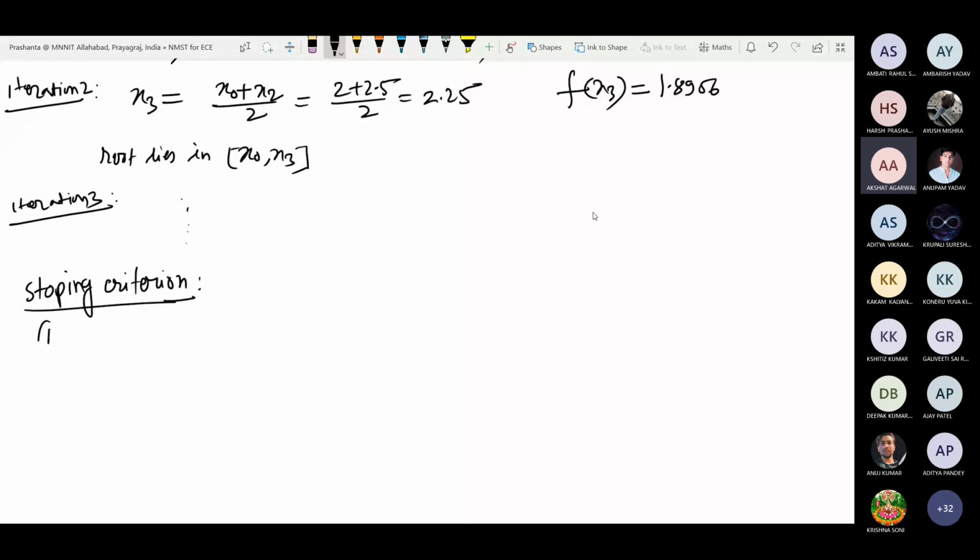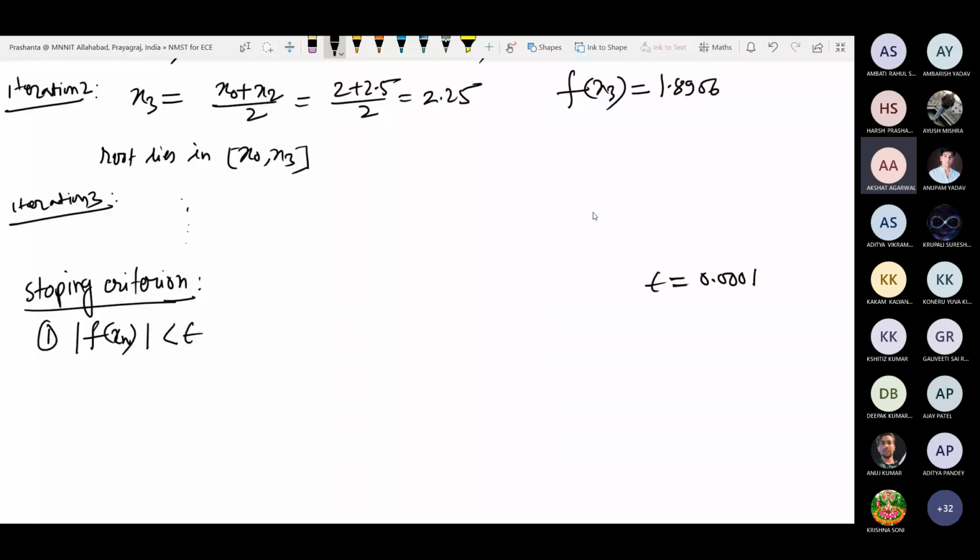So the first one, you can think that as soon as the functional value at the nth iteration is very small, less than a certain predetermined number, suppose epsilon equals 0.0001, then you can stop.